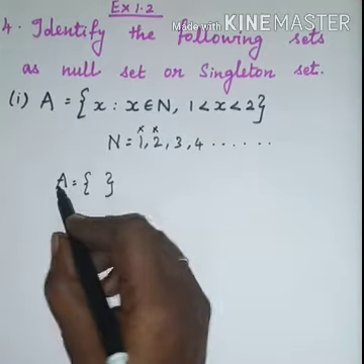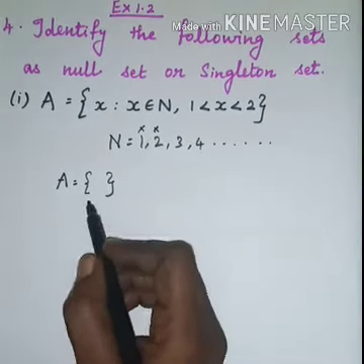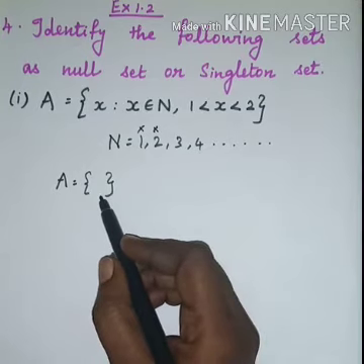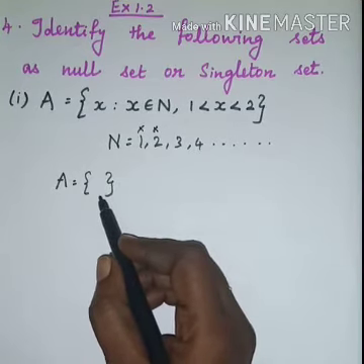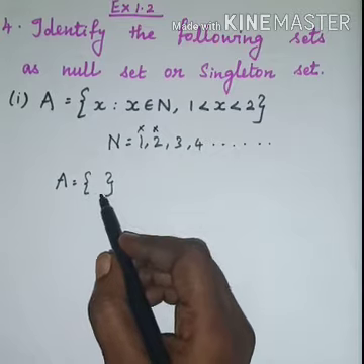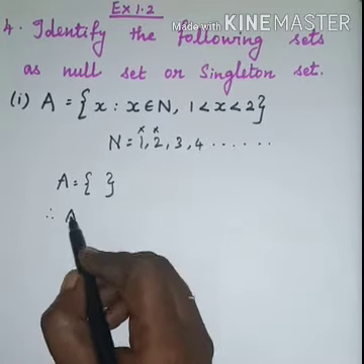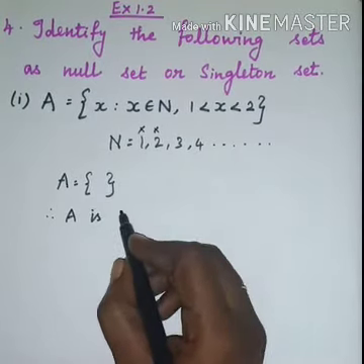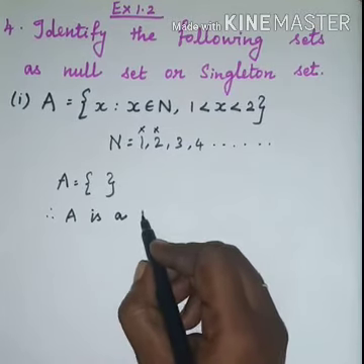There is no element in A. If a set has no elements, then we can say the set is a null set. So therefore A is a null set.